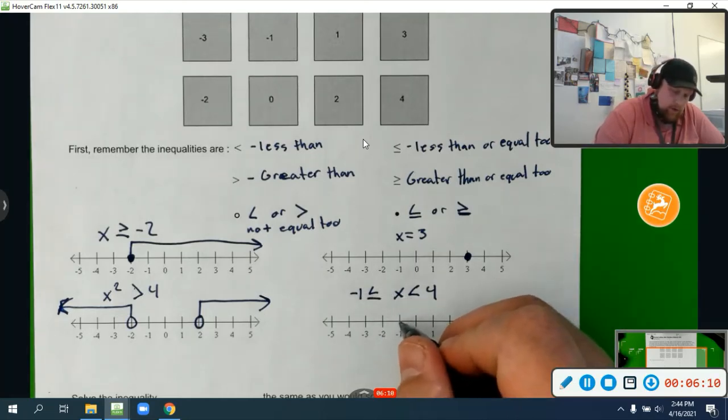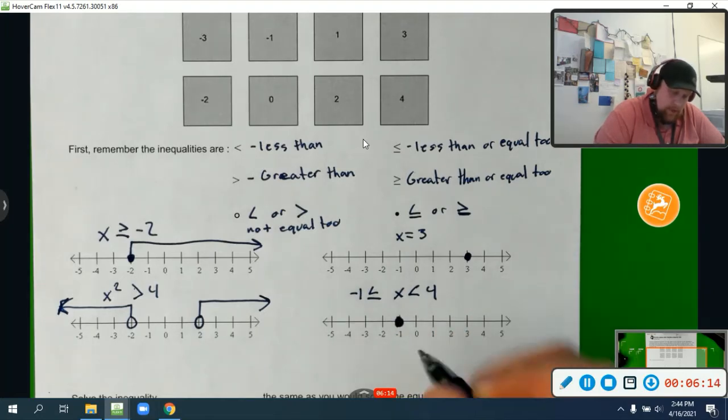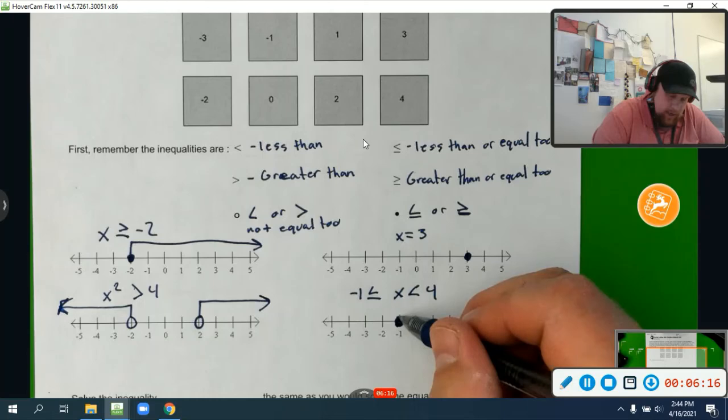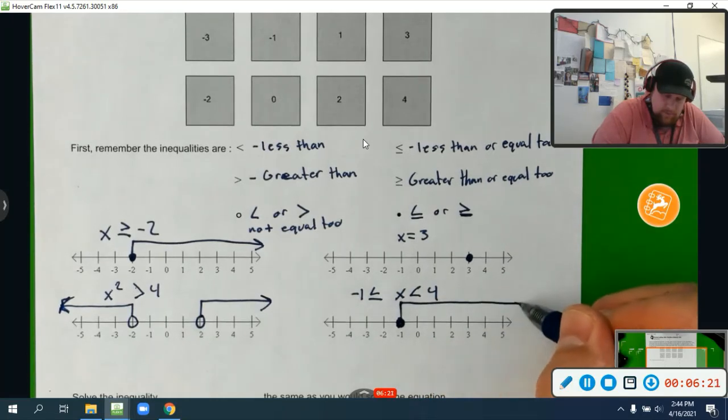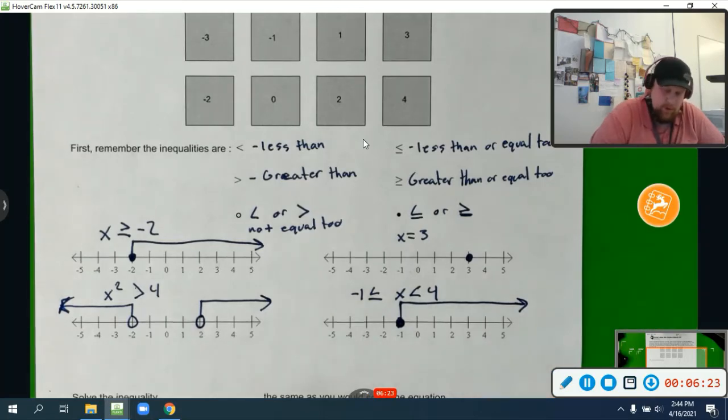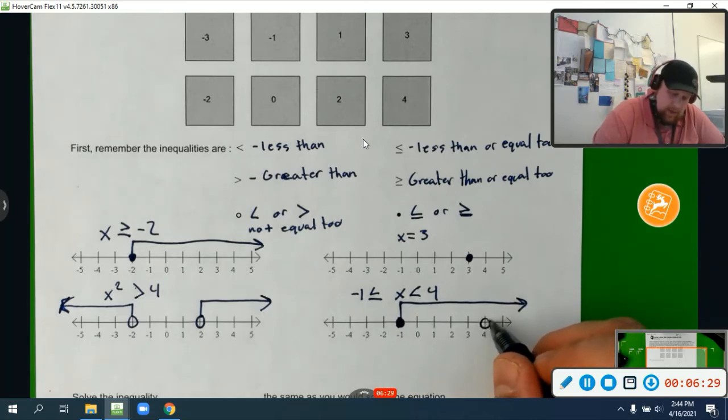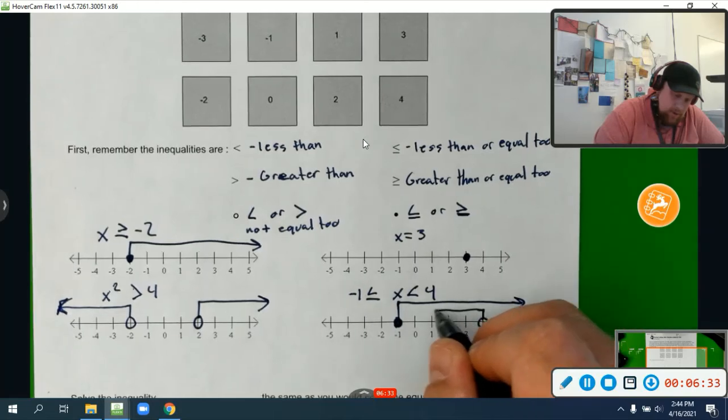So let's go to negative 1, and it's an or equal to, so we're going to use a closed dot. And if it's greater than or equal to negative 1, we're going to do our arrow to the right. All right? But I'm also saying x is less than 4. So less than means open dot. I'm going to go up and I'm going to do an arrow to the left.